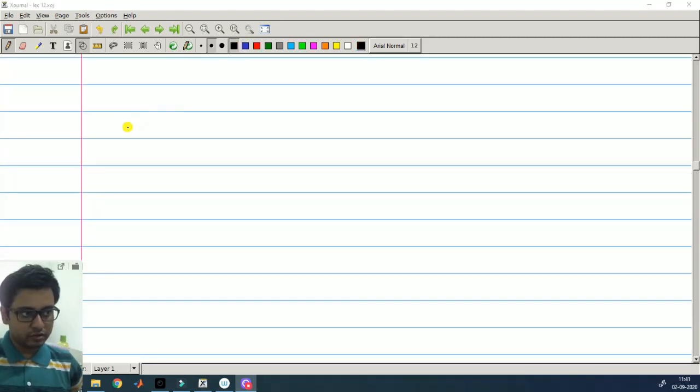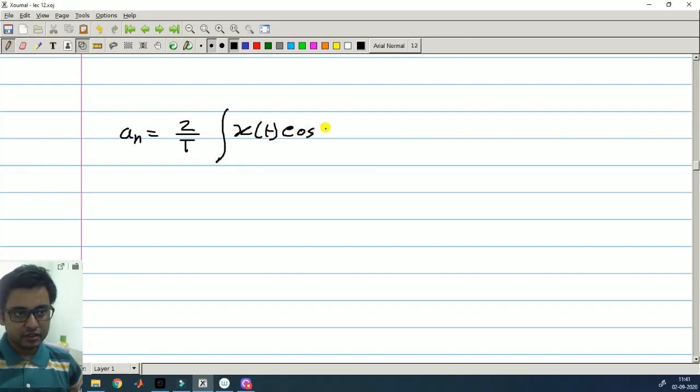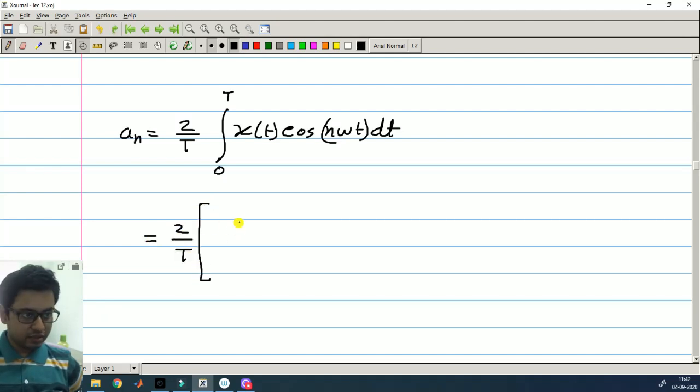We know an is equal to 2 over T integration of x(t) cosine n omega t dt over a complete cycle, suppose from 0 to T. You can split this integration into two parts like this.